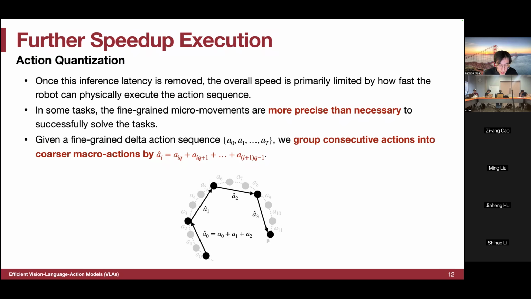Intuitively, the robot executes a few larger steps that follow almost the same trajectory, but much faster. Q can actually be a non-integer, and what we have to do is linear interpolation to resample and make a new action trajectory that follows the same trajectory.